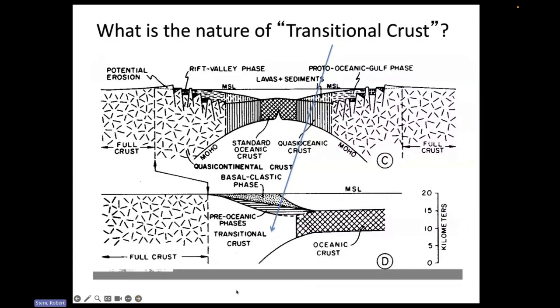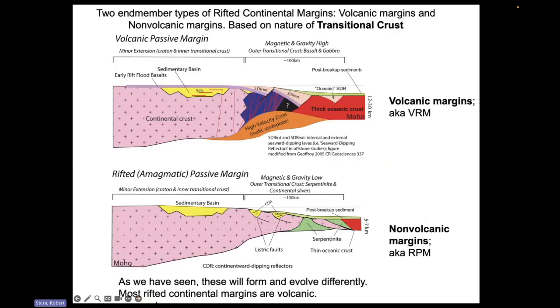All right, so back to the question of what is this transitional crust? There are two models. One of them is that this transitional crust is nearly all volcanic. It's all igneous rocks that formed during the early stages of rifting. And this makes up a class of transitional crust beneath passive margins called volcanic rifted margins, VRMs.